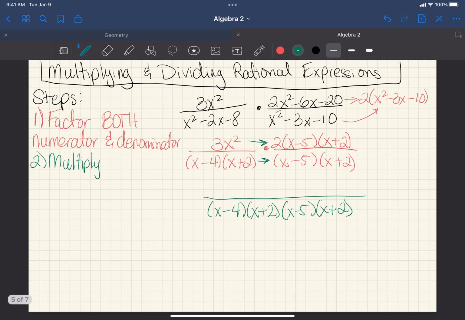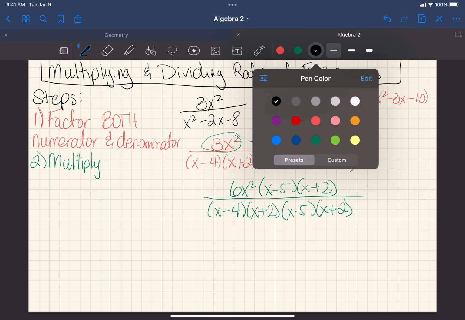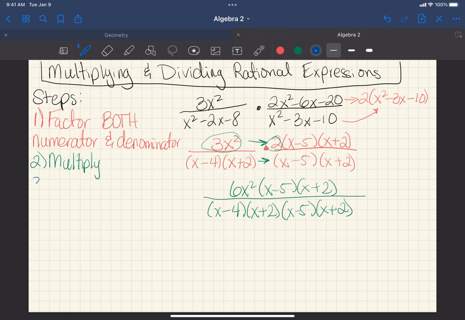I'm going to be able to multiply this 3x squared by the monomial 2, right, which is going to give me 6x squared times x minus 5 and x plus 2. Now, the nice thing when I'm multiplying and dividing these is this last step. So step 3 is actually to cancel common factors.